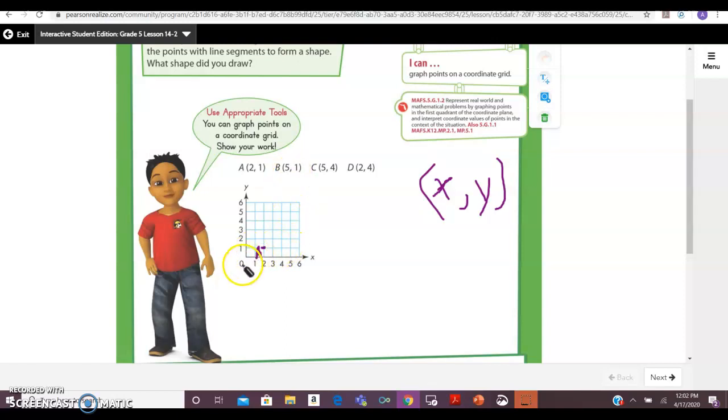Point B tells us to crawl 5, stand 1. Point C tells us to crawl 5, stand 4.